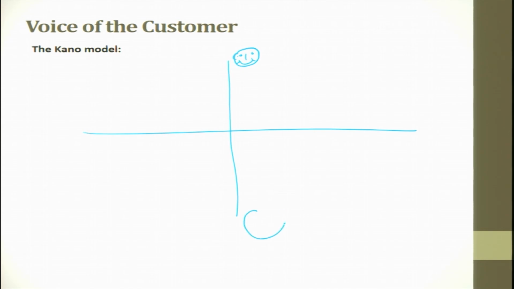This is where a customer is not satisfied, customer disappointed, and this is where a feature is executed well. Okay. This is where a feature is executed badly.